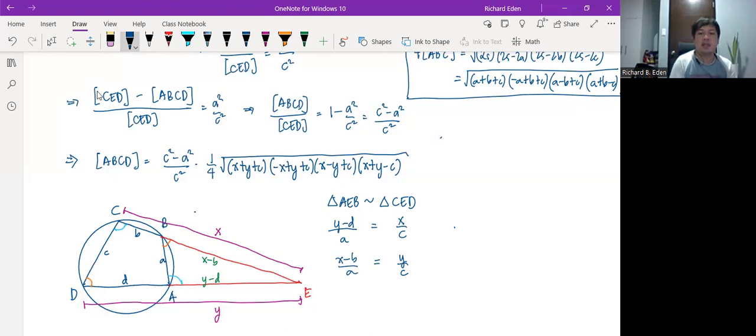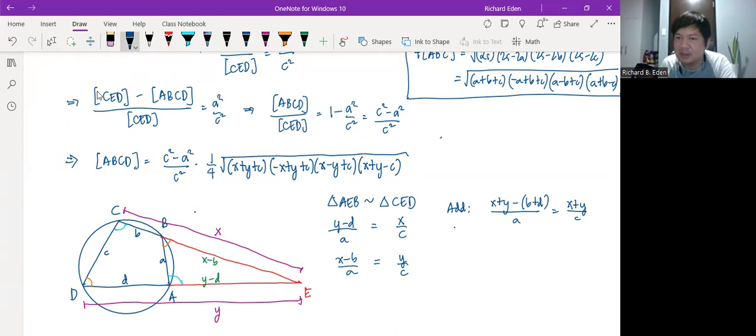Now, if we add these two equations, we get x plus y minus b plus d over a equals x plus y over c. And from this equation, we can solve for x plus y.